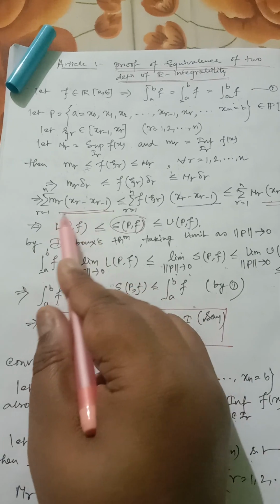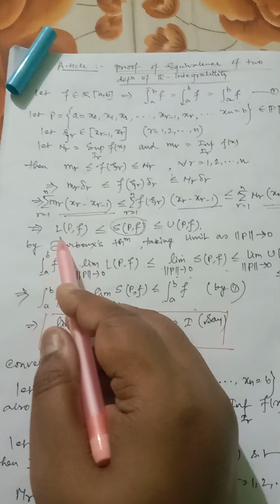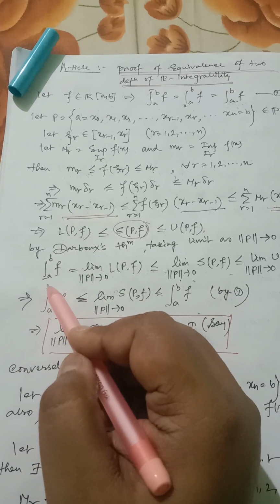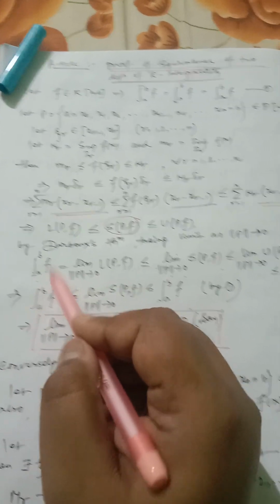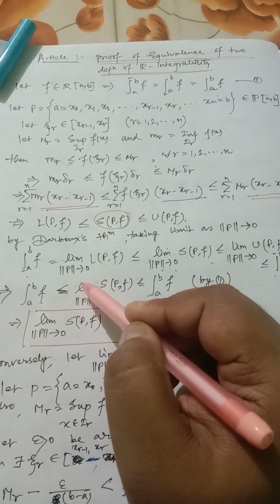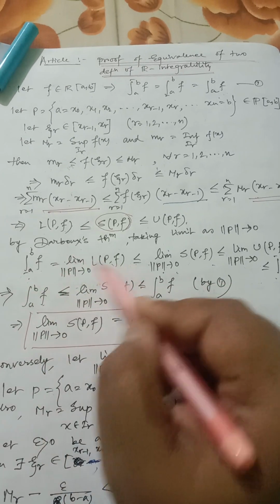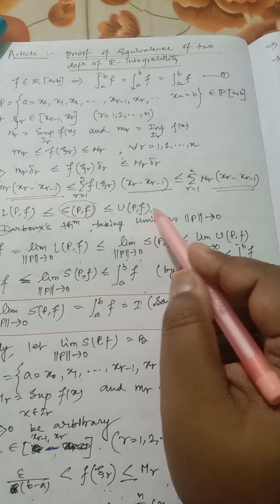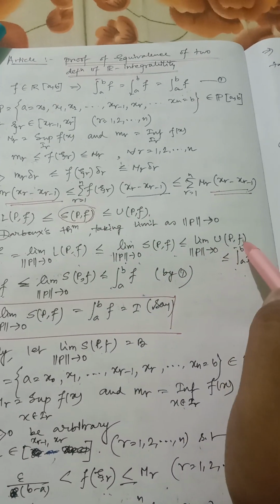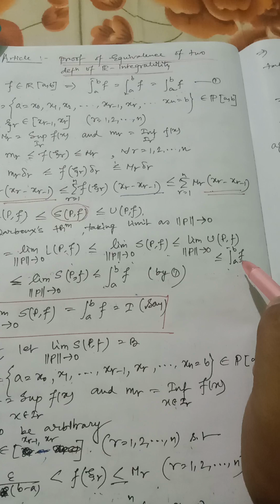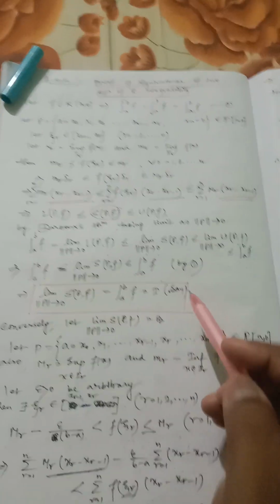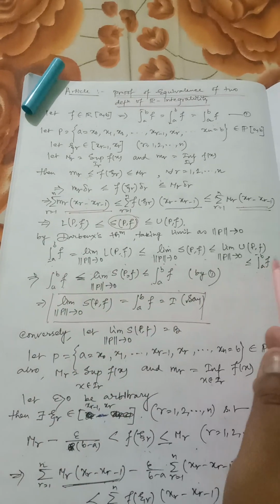So if we consider norm P tends to 0 and apply Darboux's theorem, then the extreme left side will be converted into the lower integral from a to b of f. This part will be limit of norm P tends to 0 of L(P,f), this part is equivalent to limit of norm P tends to 0 of S(P,f), and this part will be what? Limit of norm P tends to 0 of U(P,f), and so this is less than or equal to the upper integral from a to b of f.